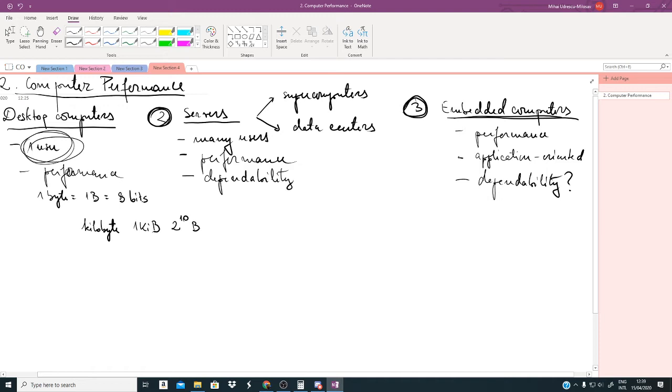This is not equal, but it's of the same order as 10 to the power of 3. So that's kilo in decimal. Let's get bigger and bigger.